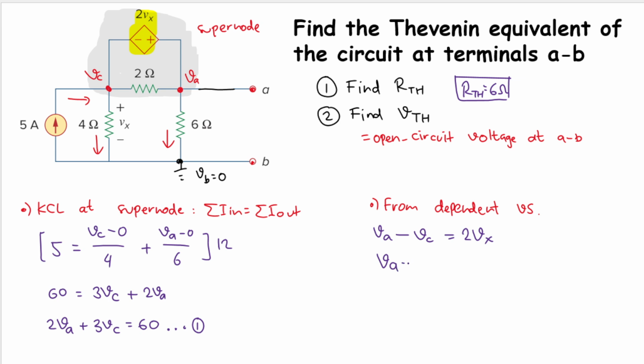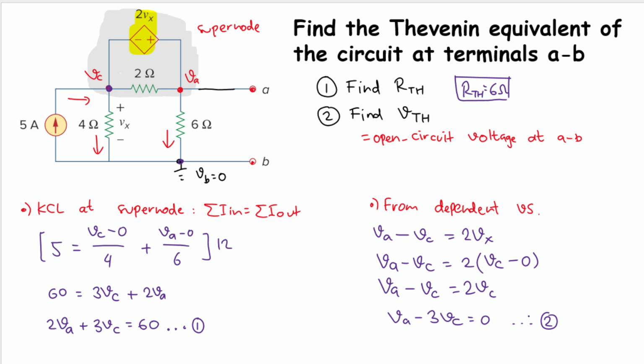Okay, we still have VA minus VC here, but we need to take care of the Vx. But what is Vx? Here, Vx is the difference between this node here, which is VC, and then this node here, which is VB. But then VB is 0, so I'll have minus 0. So we'll have VA minus VC is equal to 2VC. So therefore, VA minus 3VC is equal to 0. And this is equation number 2.